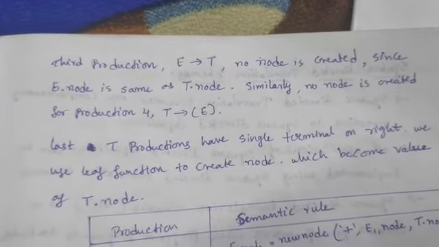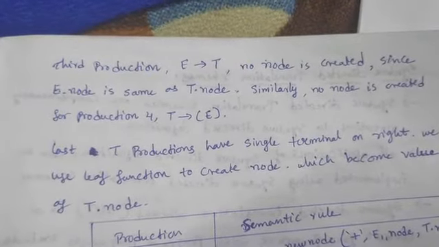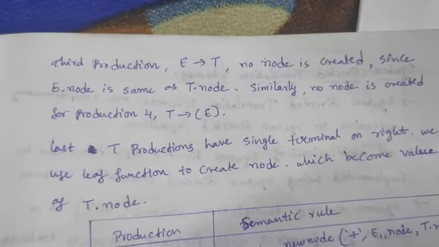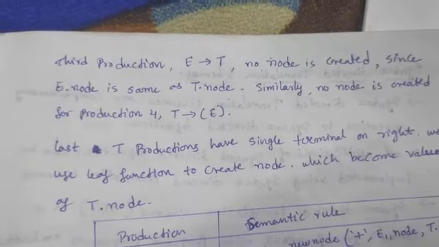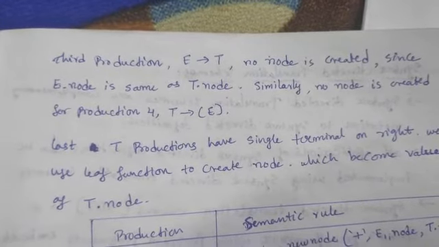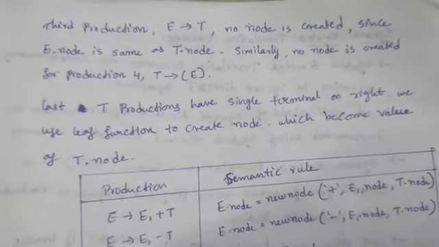Similarly, if you are using T → (E), it is the same thing: the E value is copied to the T value. Like that, the productions will be declared.